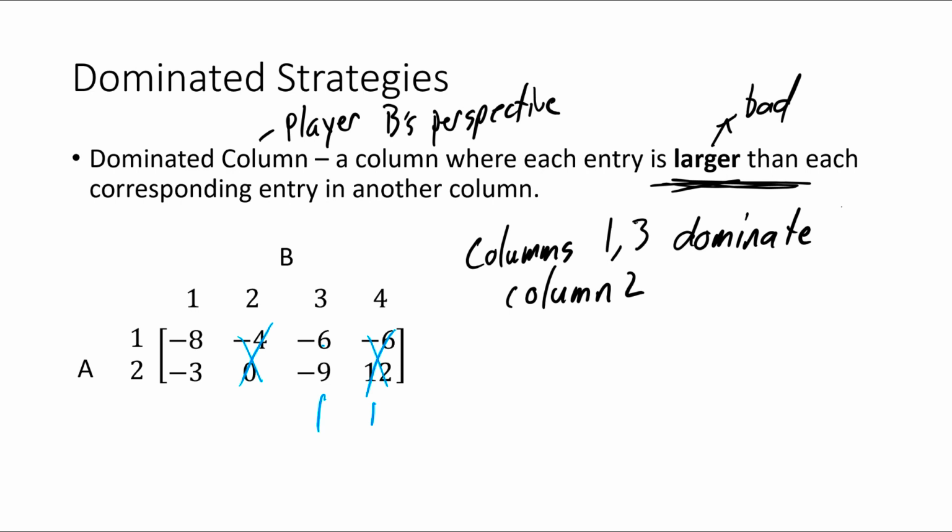So column 3 is the dominating column. It dominates column 4. Even though the -6 isn't bigger than the -6, column 3 is still the better option because the other element, winning $9, is definitely better than losing $12. So we also have columns 1 and 3 also dominate column 4.